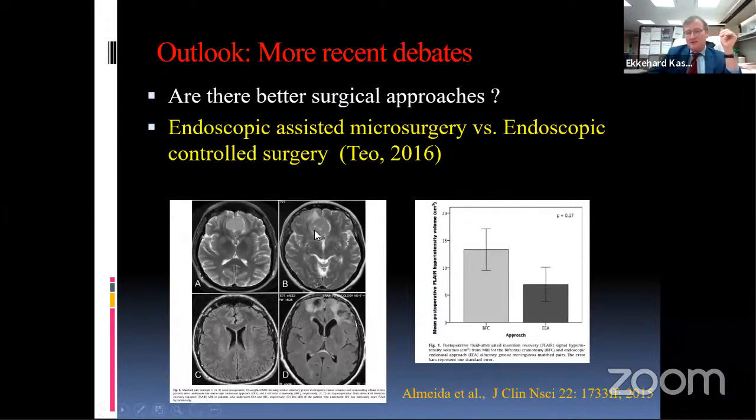The problem is that the series, again, are not equivalent in what they report on. Charlie Teo, who's a fantastic surgeon, don't get me wrong, reports he can take anything out through the nose, but the tumors are not exactly the same as the ones we were talking about. Some of them are located more posteriorly in the frontal cranial fossa, and the reason is that would be more a planum sphenoidale meningioma.